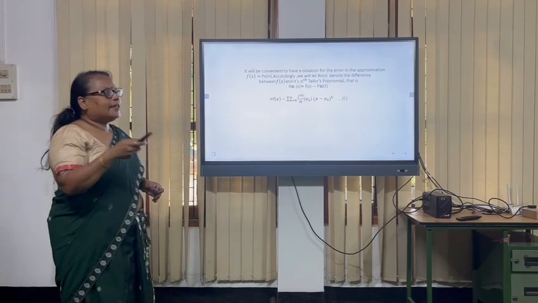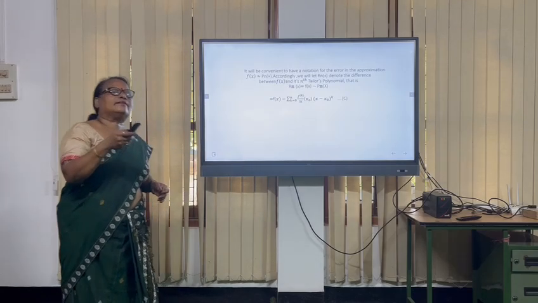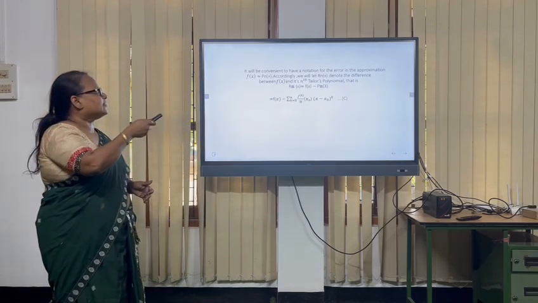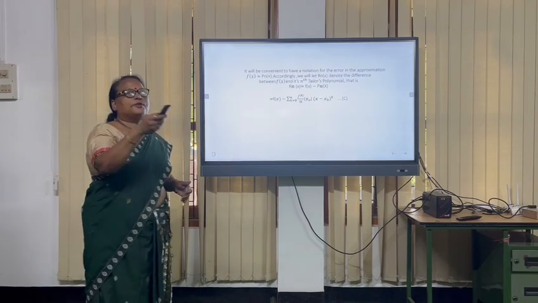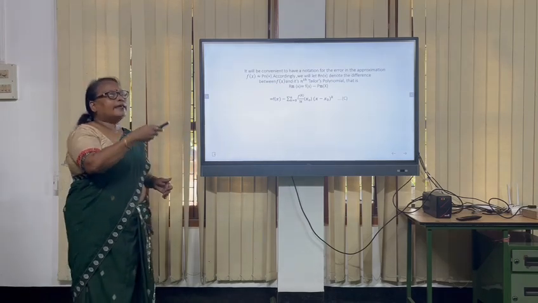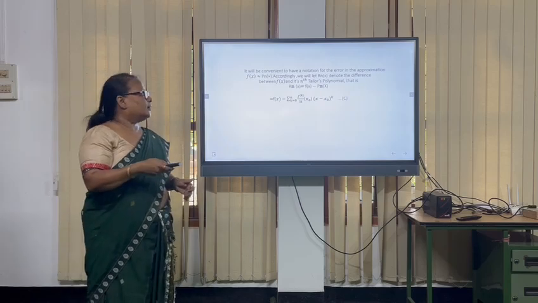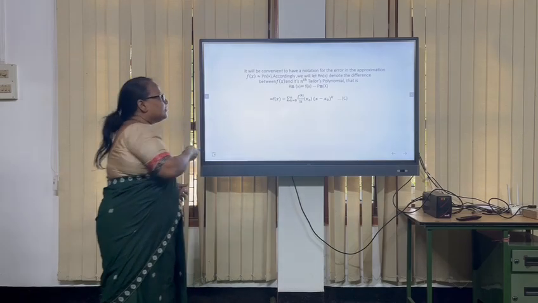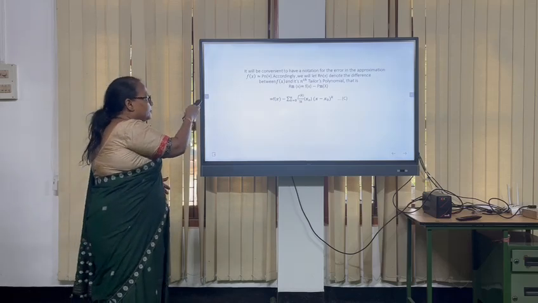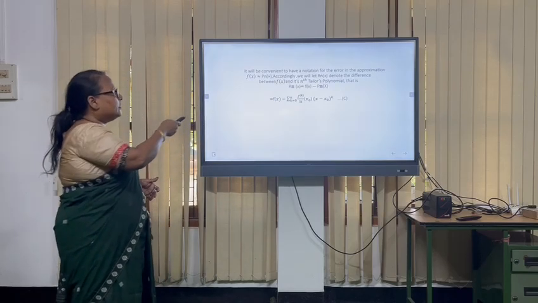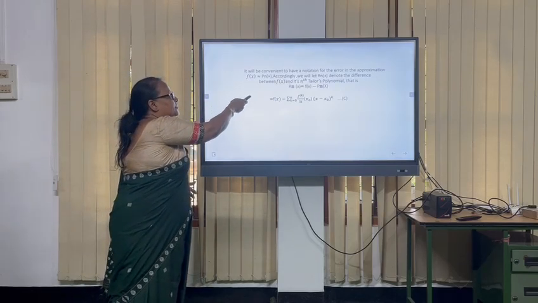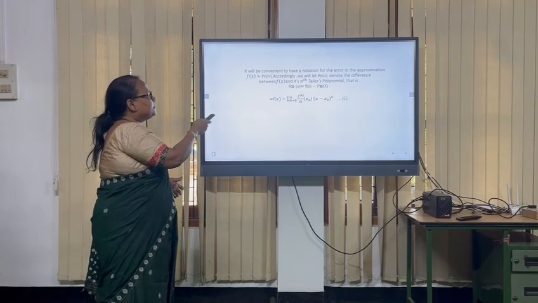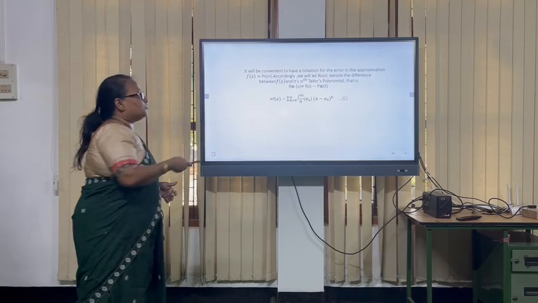Accordingly, we will let the remainder term R n of x denote the difference between the function f and its nth Taylor polynomial. That means we can write R n of x, the remainder term of the Taylor series, as f(x) minus P n of x.